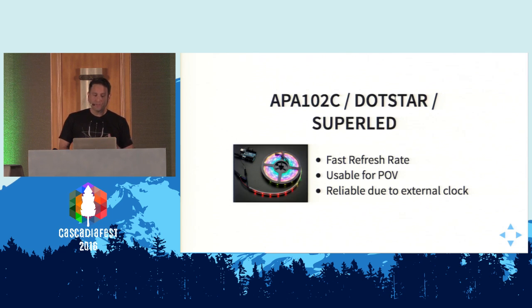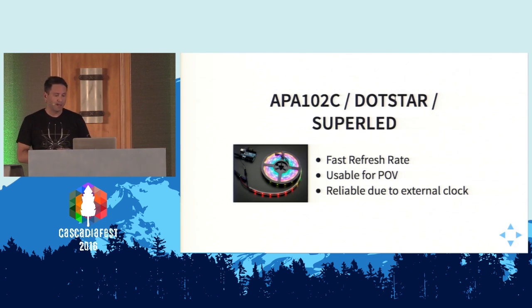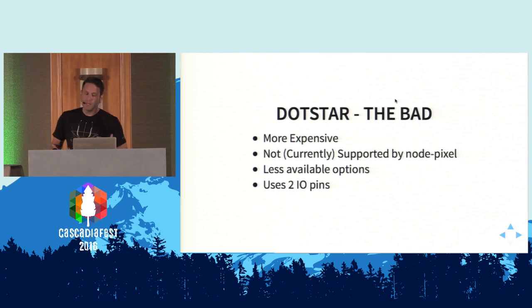And the reason that they have the faster refresh rate is because they actually use an external clock. So they use 2 I/O pins, and then you actually control the clock signal as well as the data signal. So you get a lot more control over what's happening on the little chip that is embedded in the LED. Now, of course, dot star has a bad side.